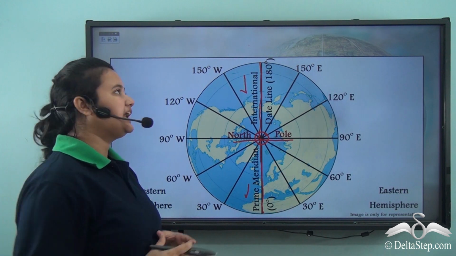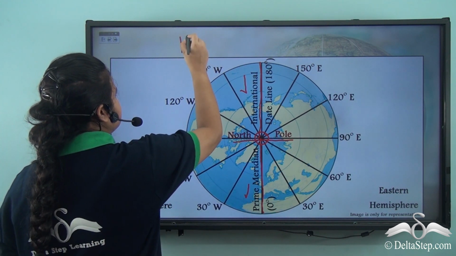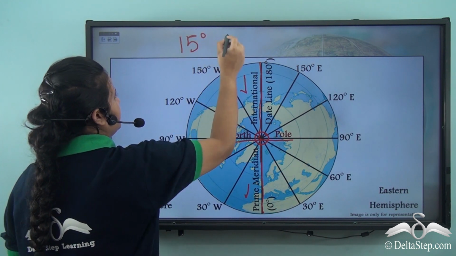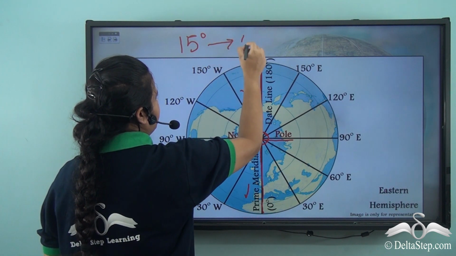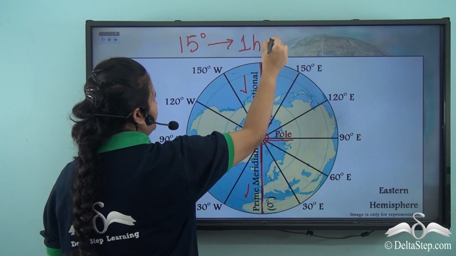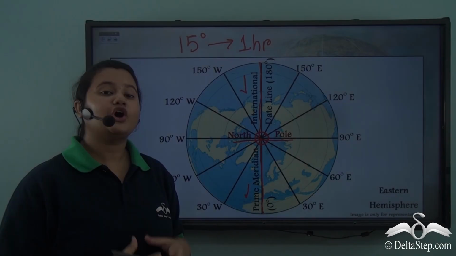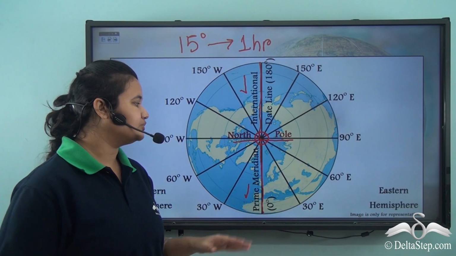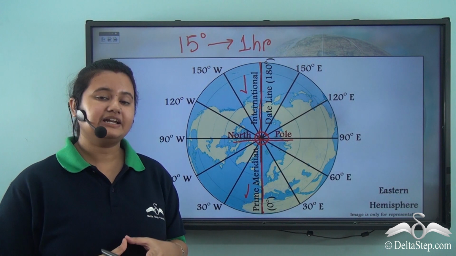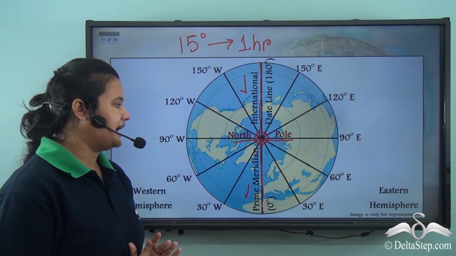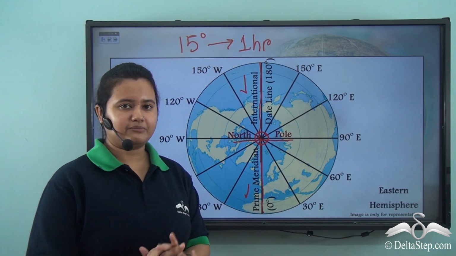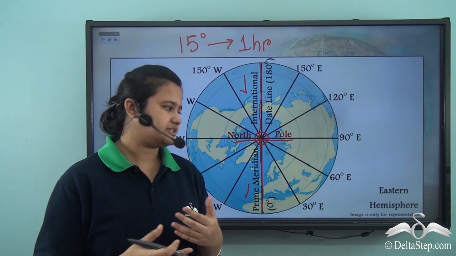Well, we know that if we cross 15 degrees of longitude, then time differs by 1 hour. We already know this fact. We also know that if we move to the west of the prime meridian, then time decreases, and if we move to the east of the prime meridian, then time increases.